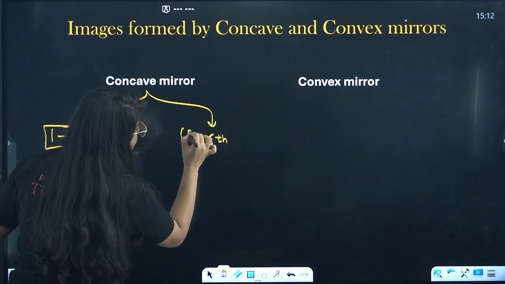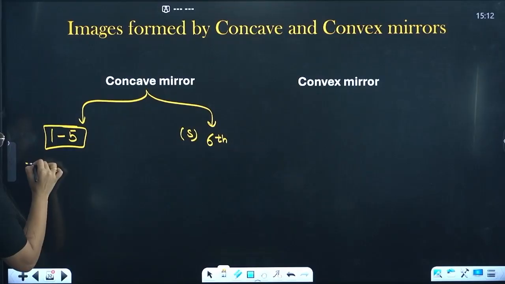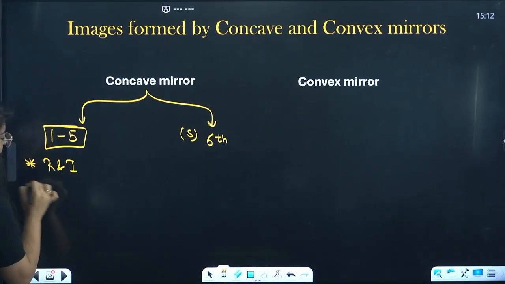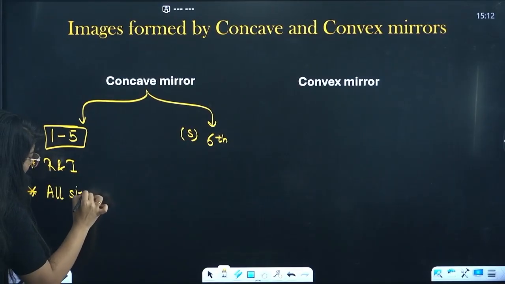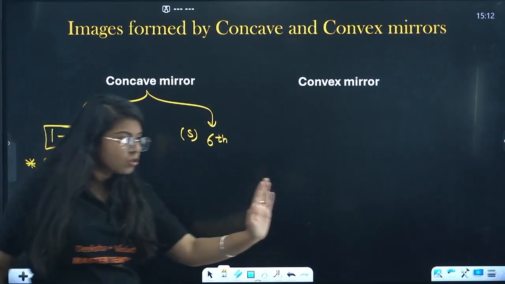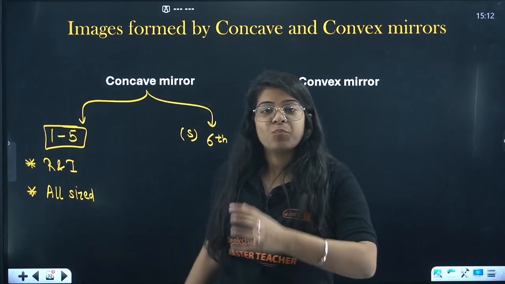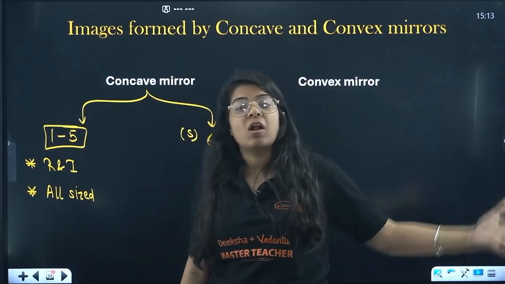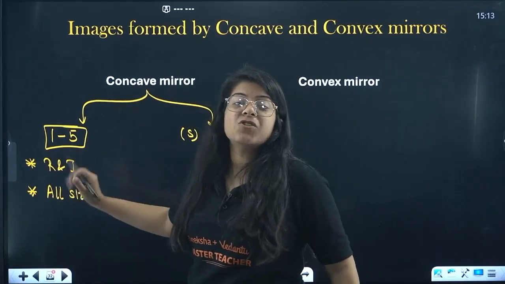Now beta, in the first 5 cases, we saw that the image is real and inverted. It is of all sizes. As the object is coming closer, the image is going away, and the size of the image is increasing from point size to diminished to same size to enlarged to extra large. So this is basically the nature of the image.